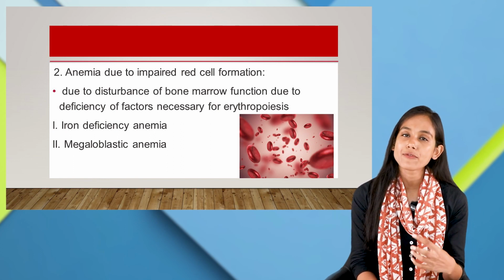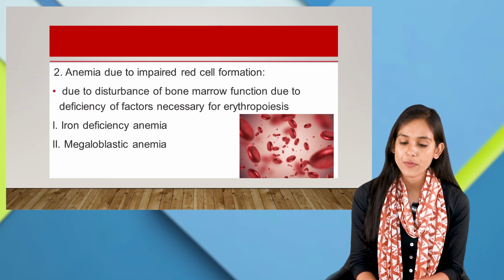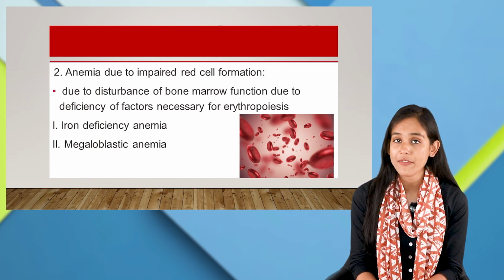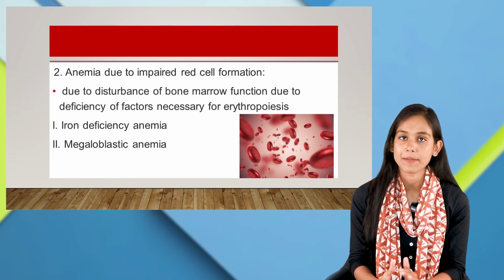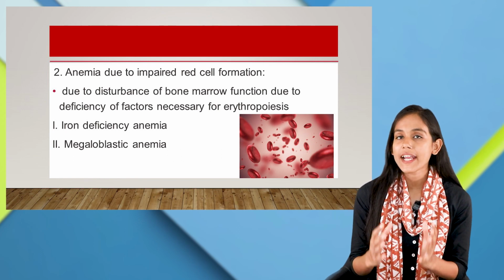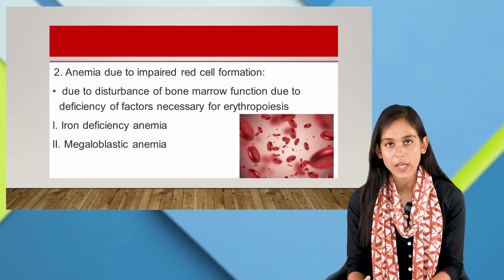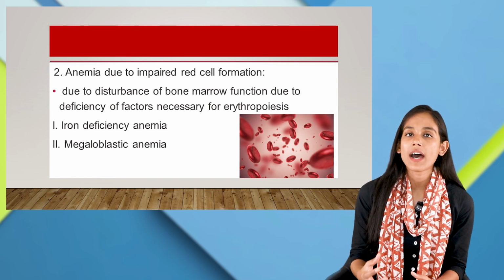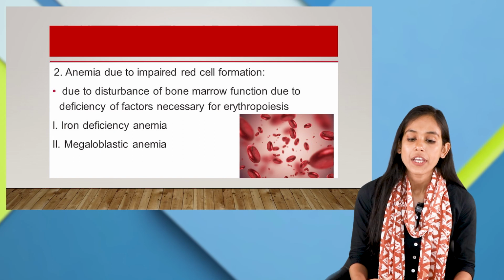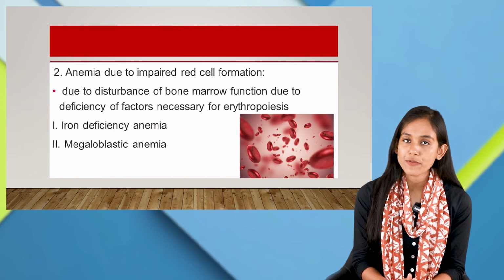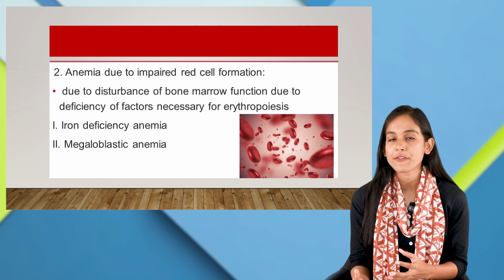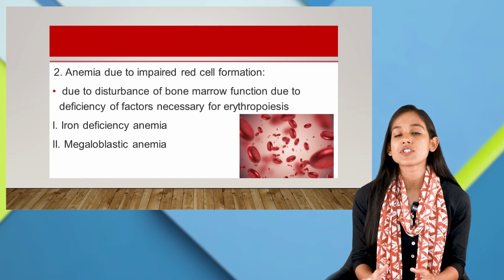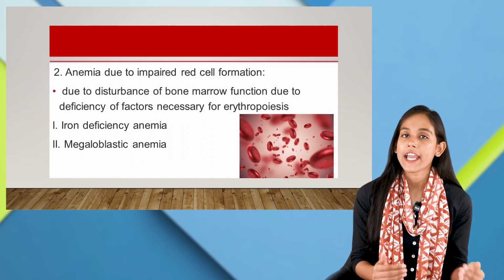So here we have two types of anemia: the first one is iron deficiency anemia, and the second one is megaloblastic anemia. These two happen because there is disturbance of bone marrow function, related to the deficiency of factors necessary for erythropoiesis.